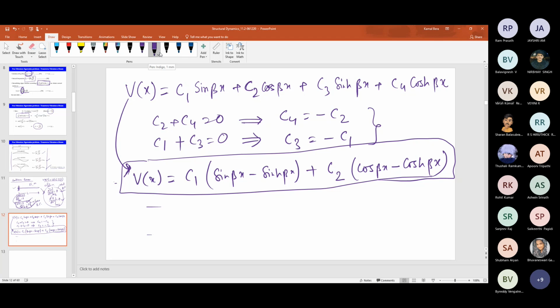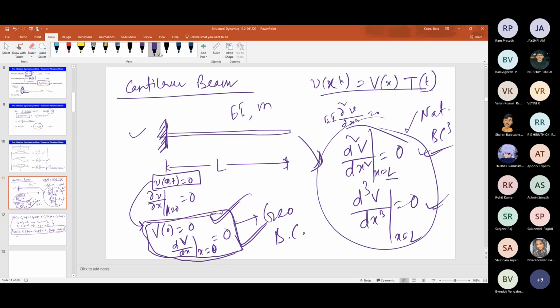So now I apply the remaining two boundary conditions, that is the force boundary conditions. These are well known. Here the displacement will be 0 and slope will be 0 at the fixed end, and at the free end the moment and the shear force are 0. So this is well known to you.